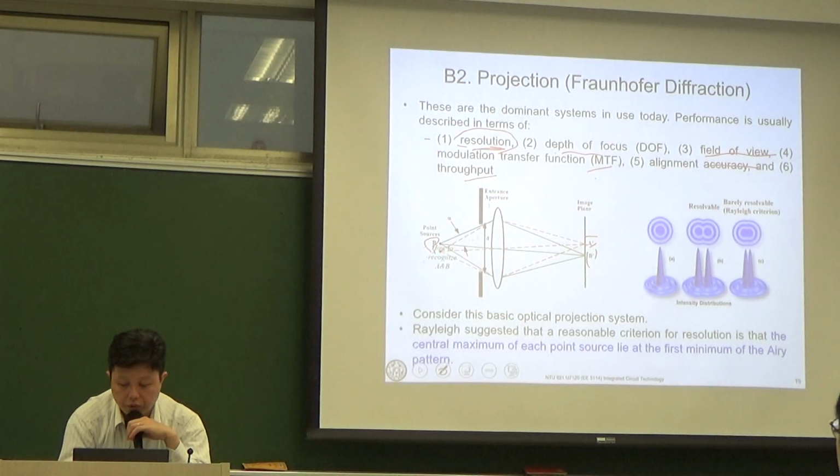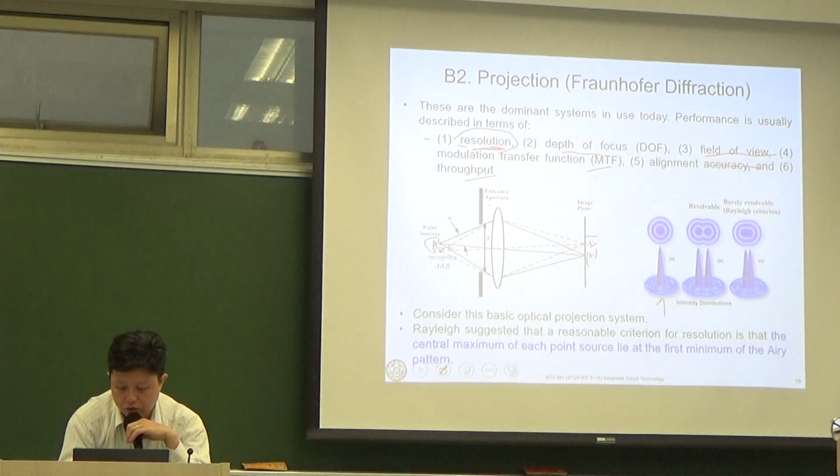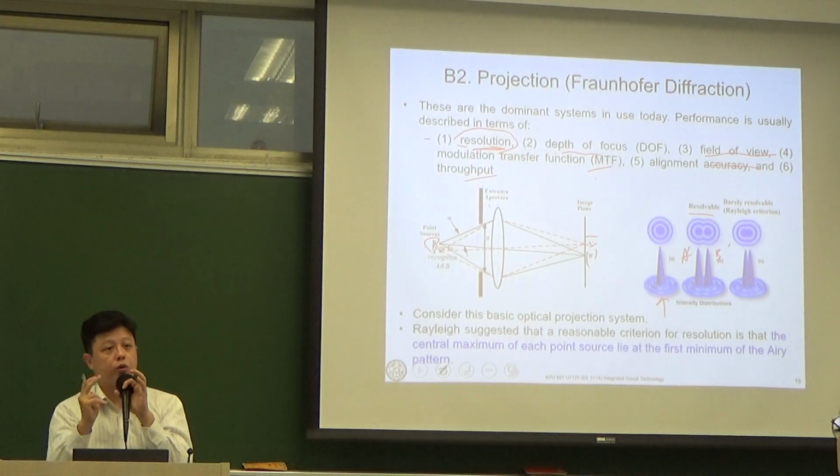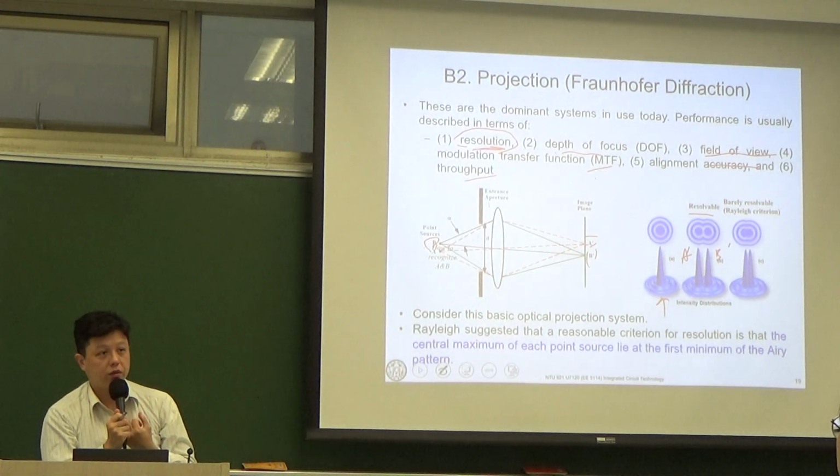Here is the aerial image that we get through this Airy disk. If it is one point, it looks like this, and if there are two points, A prime and B prime, in this case we call it still resolvable, which means we can still identify there are two points on your image plane.